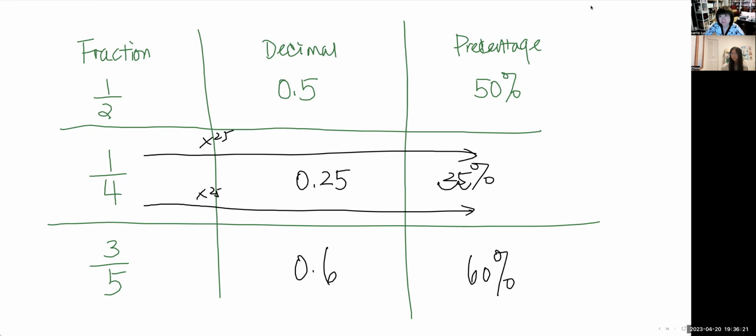So I think we're doing more than great. Okay, so today, let me just summarize. Yesterday we learned how to transfer from fraction to decimal, right? This part is a little bit hard, but you managed it. And today we learned how to transfer from decimal to what, Chloe?